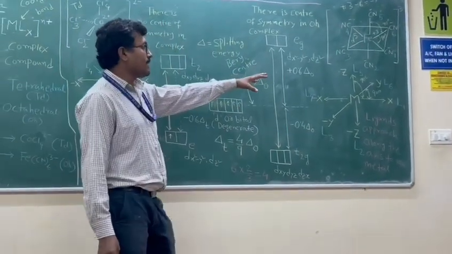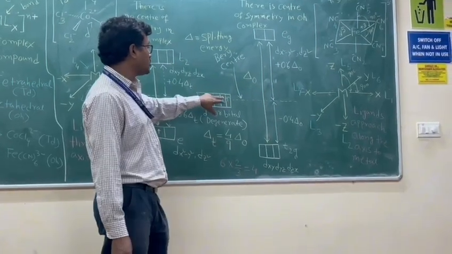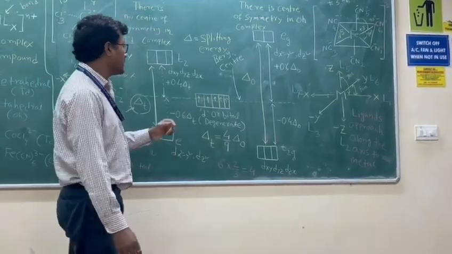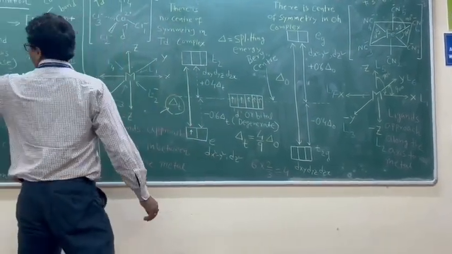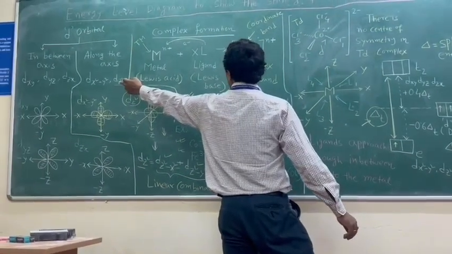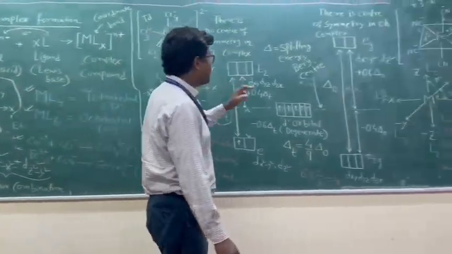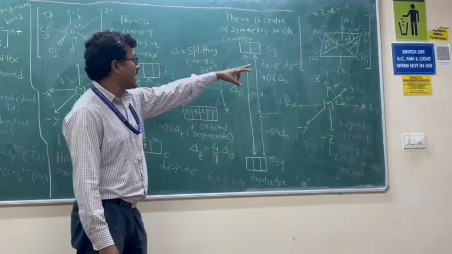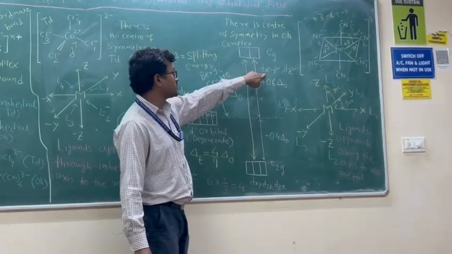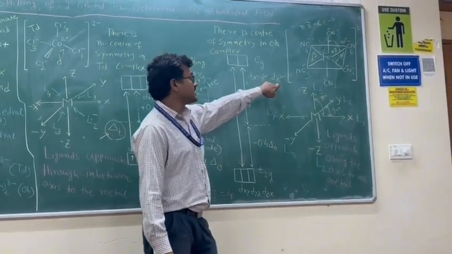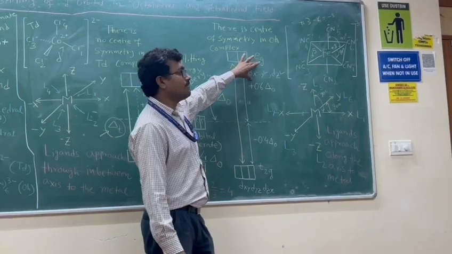Now ligands are approaching along this axis. The orbitals present along the axis are dx square minus y square and dz square. These two orbitals are present along the axis. So when ligands approach along the axis, the energy of dx square minus y square and dz square will be increased because they are present along the axis.